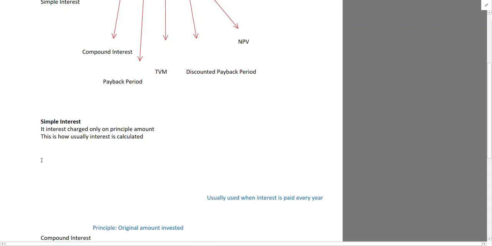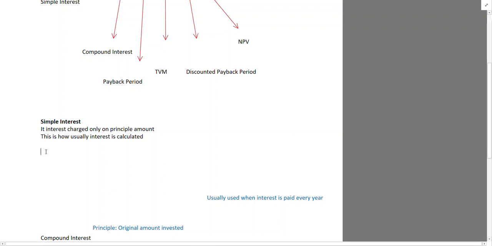So simple interest is how interest is usually charged whenever you hear the word interest. Simple interest is interest charged on the principal amount. Principal amount is the amount that you originally invest.